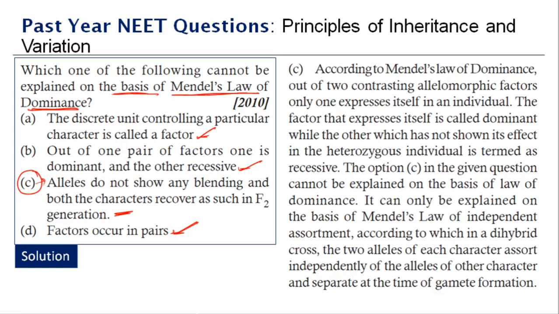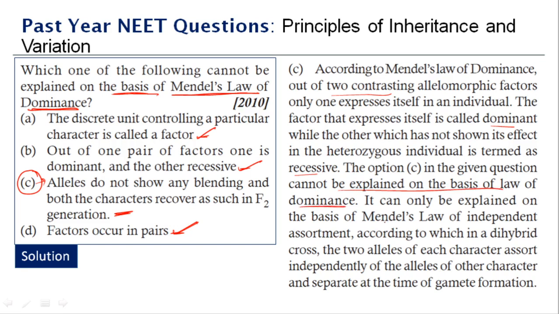According to Mendel's law of dominance, out of two contrasting allelomorphic factors, only one expresses itself in an individual. The factor that expresses itself is called dominant, while the other, which has not shown its effect in the heterozygous, is termed recessive. Option C cannot be explained on the basis of law of dominance.